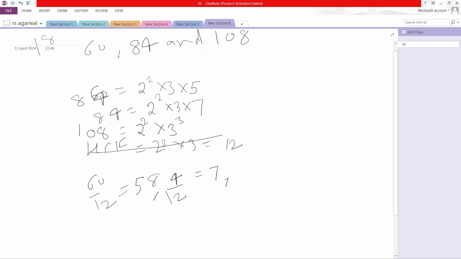Same for mathematics, 108 people divided by 12 is equal to 9. So total number of rooms will be 5 plus 7 plus 9 is equal to 21. Means we require 21 rooms to accommodate all the people here, and in each room there will be 12 people.